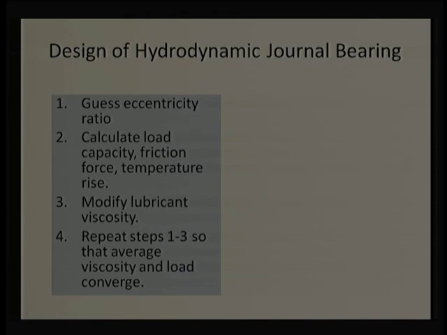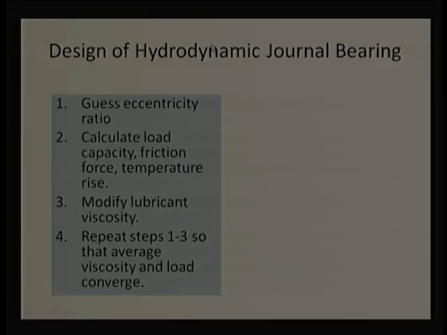Now, we can think about what we have done. We have derived the relation for load, the relation for flow, the relation for friction, the relation for temperature, and the relation for temperature involves the relation of the flow. That is why we ask how to do the design.